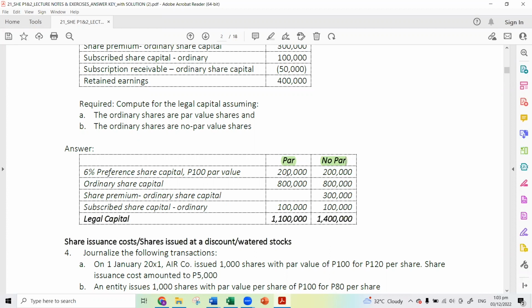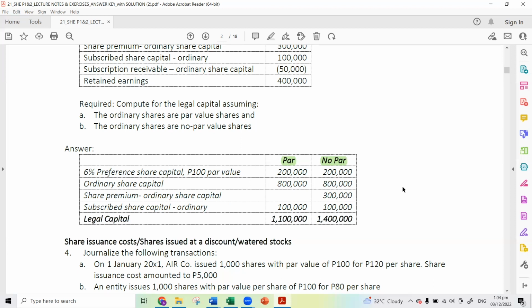Makikita mo yun sa stock certificate. Eh yung no par value, wala siyang par value pero meron siyang stated value. At yung stated value na yon, makikita mo yun dun sa articles of incorporation, pero hindi mo makikita yan sa stock certificate issued. Okay?